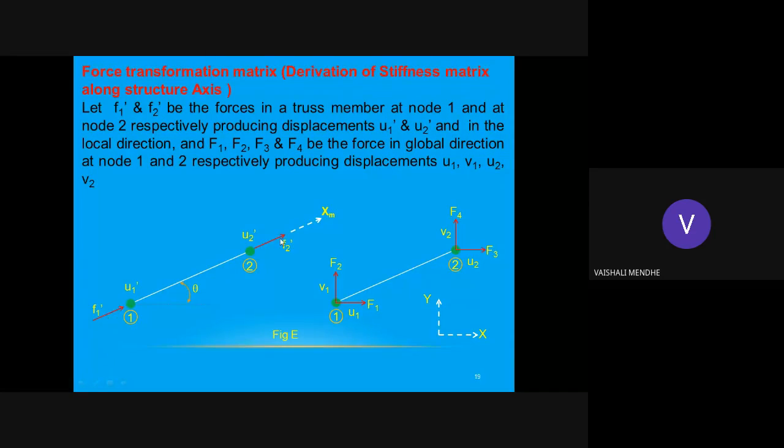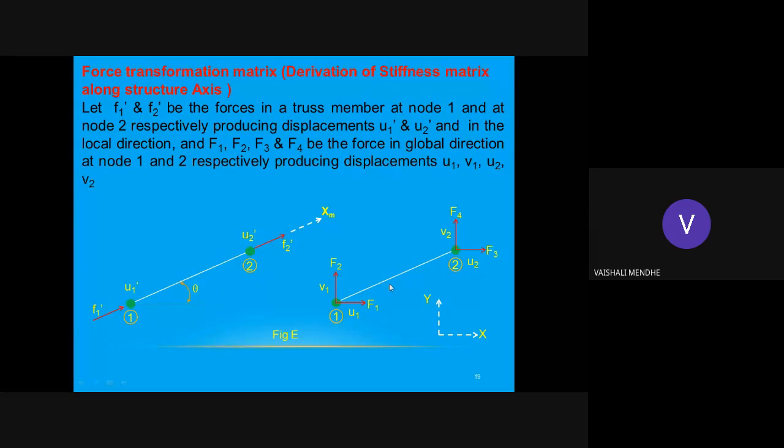Okay, so along the local y direction there will be no force, and similarly along the y direction there will be no displacement. So F1 dash, F2 dash at node 1 and node 2 along the same member, U1 dash, U2 dash are the displacements at node 1 and 2 along the same direction. So this shows you the forces and the displacements for member 1 in the local direction.